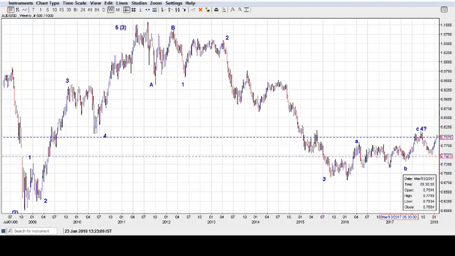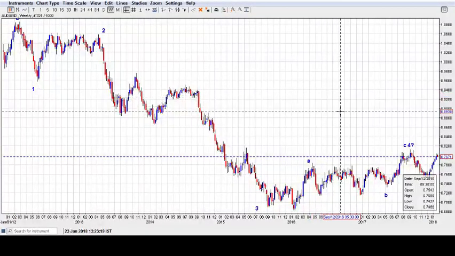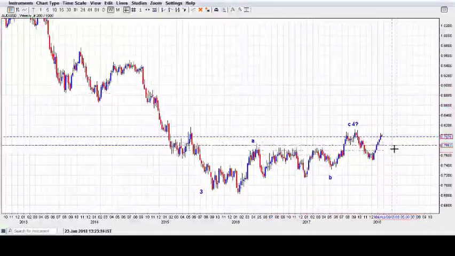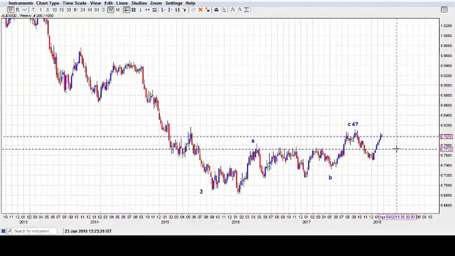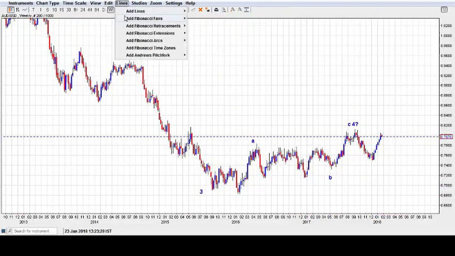So I think that wave 4 is already terminated now, and with this story, if it remains intact and on the good side, we shall be looking to go short in the Australian dollar once again on a small retracement.